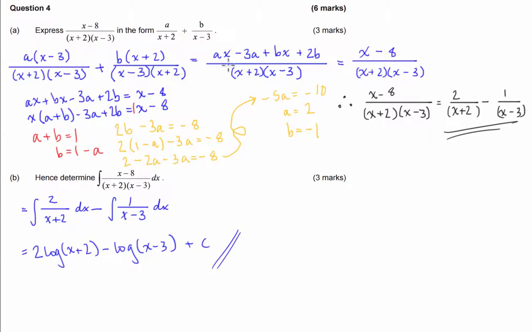Then we made the two numerators equal to each other and solved for a and b. Once we split the rational function, we were able to integrate it quite easily. If you're having trouble with the actual integration, I've got other videos on basic integration, but this one was mainly focused on breaking up the partial fraction that you saw in part A.